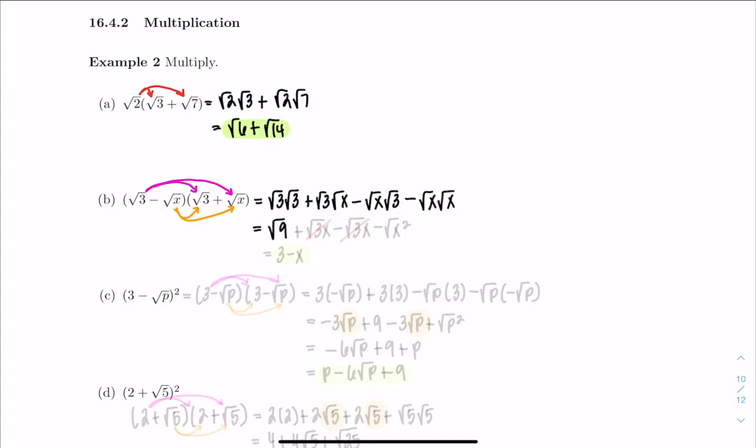And so this ends up giving me the square root of 9 plus the square root of 3x minus the square root of 3x minus the square root of x squared. And so the positive root 3x and the negative root 3x cancel. And we end up with 3 minus x.